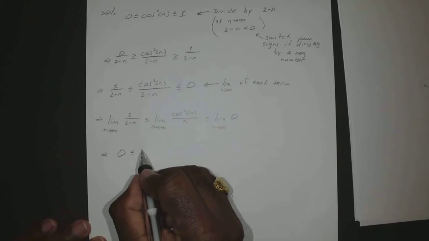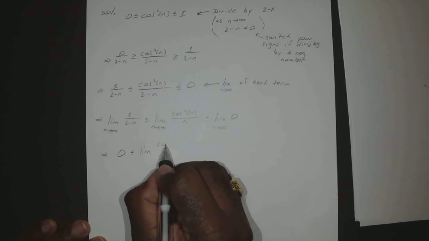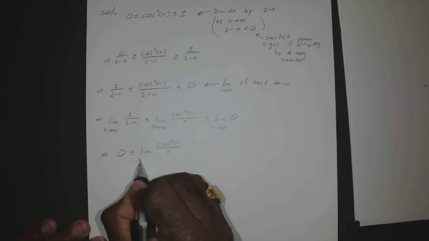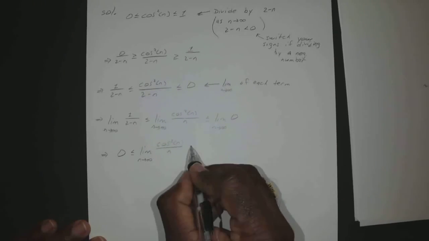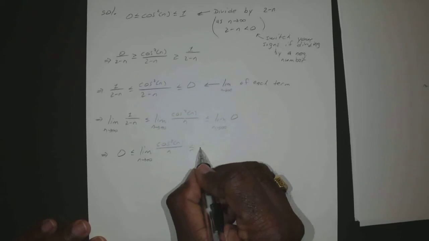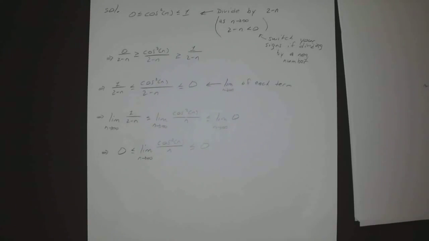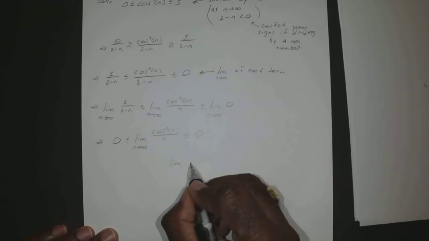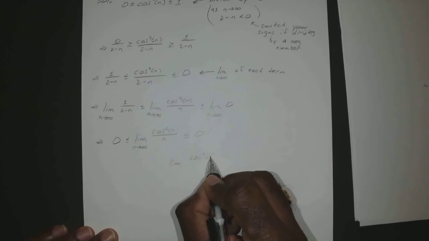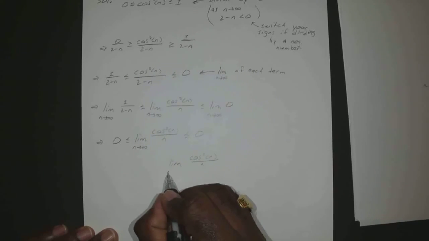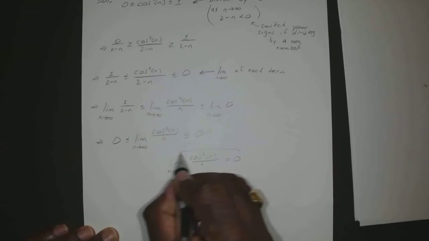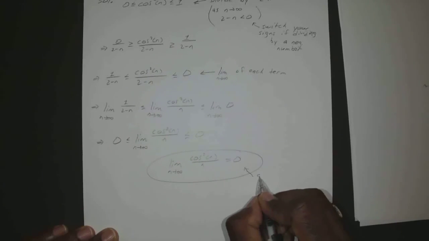Which is less than or equal to the limit of cosine squared of n divided by 2 minus n, which is less than or equal to the limit of 0, which is just 0. So we know that this is going to have a limit of 0. So cosine squared of n divided by 2 minus n as n approaches infinity equals 0. So we know it converges.